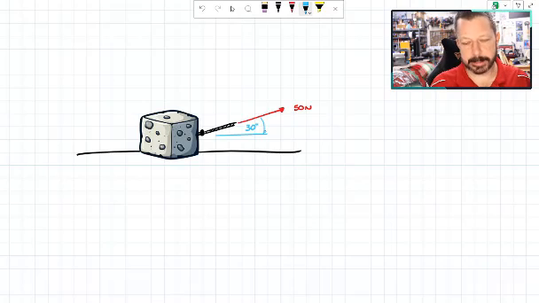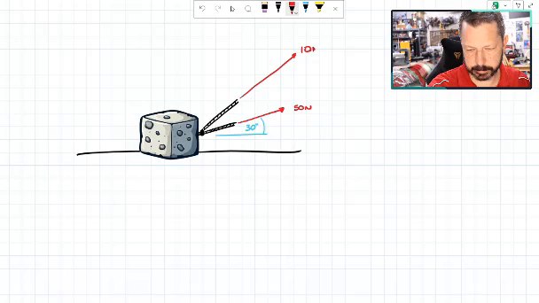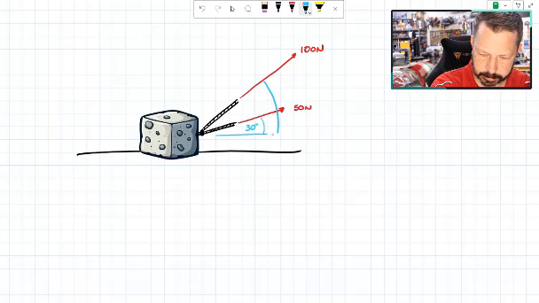And then that's not enough, so we've got another guy, and he has his own rope. Maybe he's got a machine or something, because he's pulling more. He's pulling 100 newtons. His angle is 60 degrees from horizontal, like that.